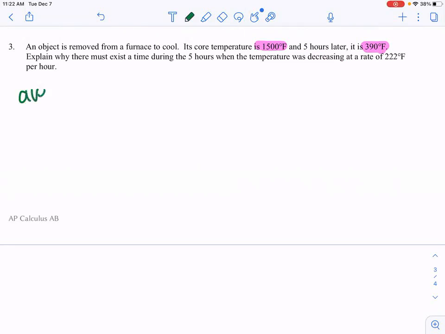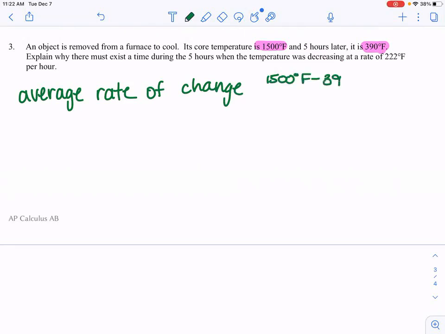So our average rate of change is what? 1500 minus 390 over, well, I probably should have done that backwards. Hold on. Negative 222 degrees Fahrenheit per hour. That's our average rate of change.